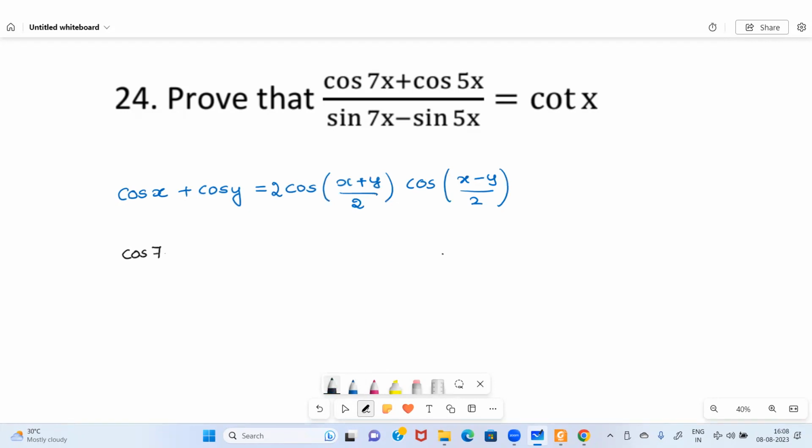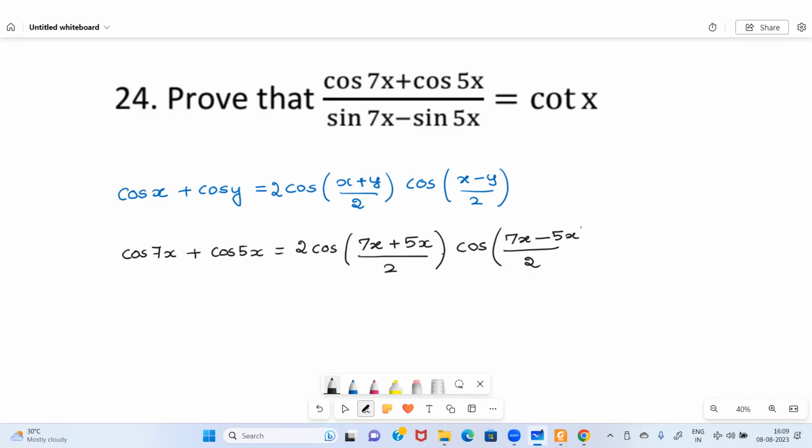It is in fact cos 7x + cos 5x, correct? Which will be equal to 2 cos, see here, in place of x you have 7x, in place of y you have 5x, divided by 2, into cos (7x − 5x) divided by 2.